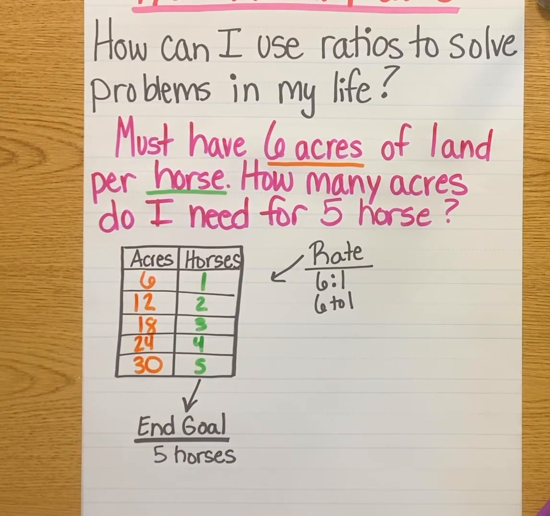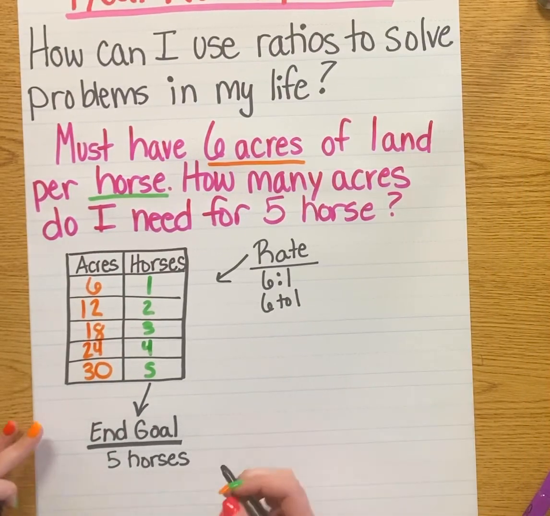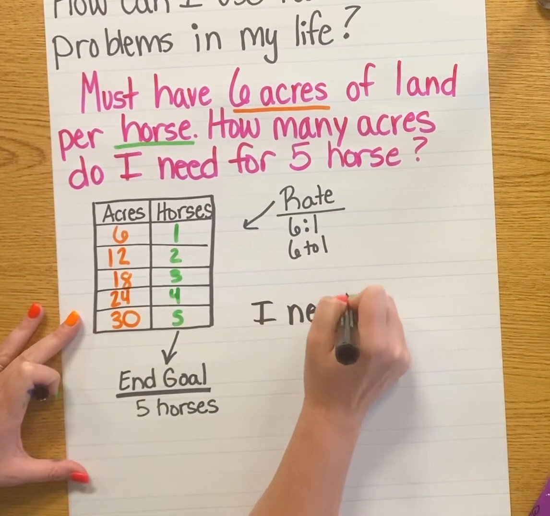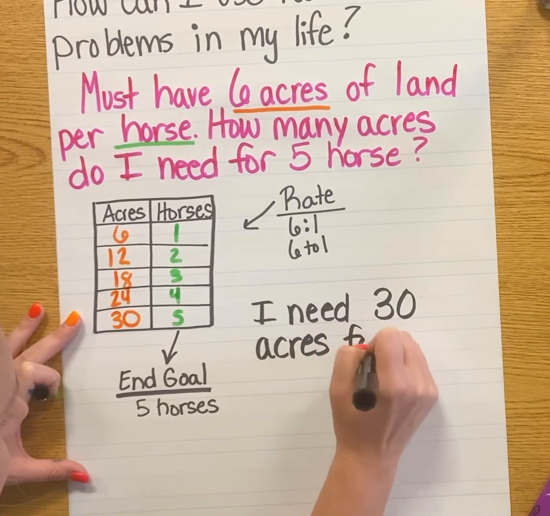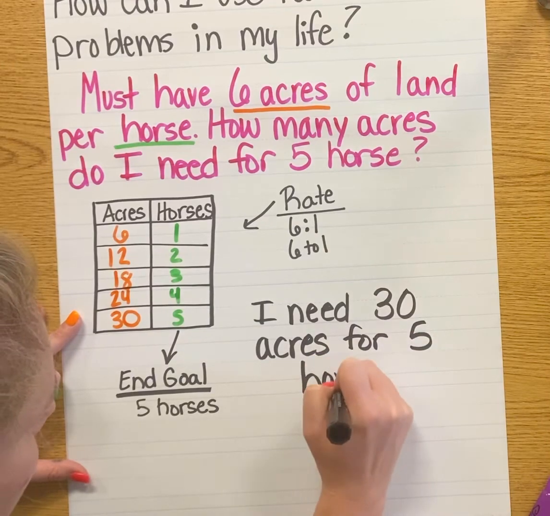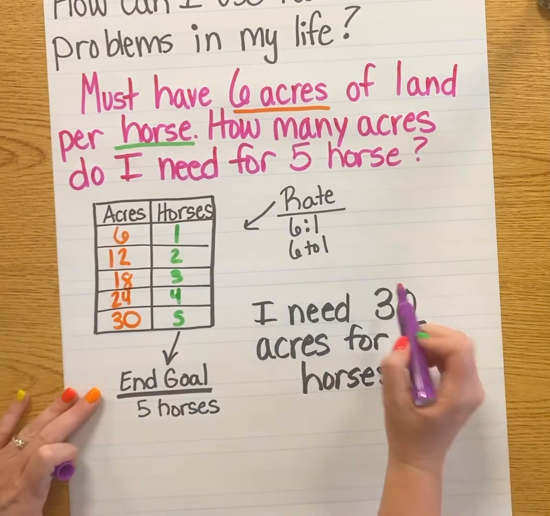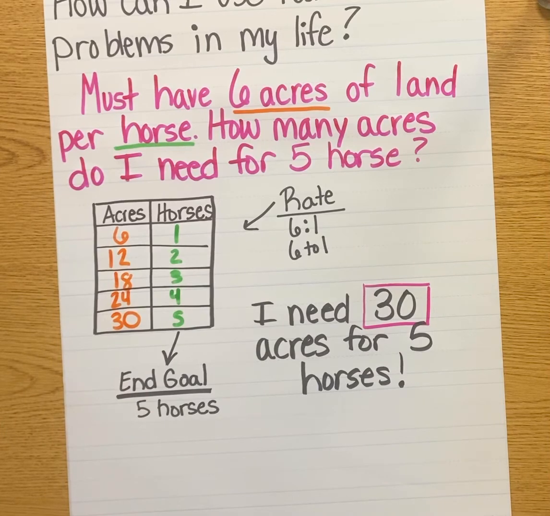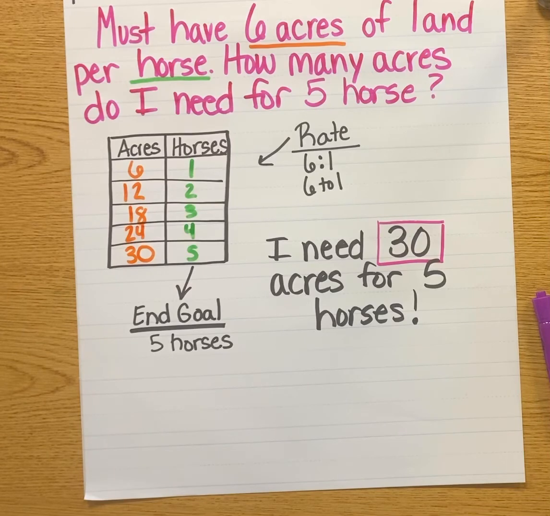So I need 30 acres for 5 horses. So my answer would be 30 acres.